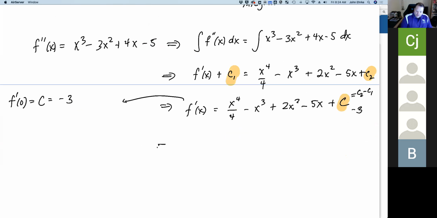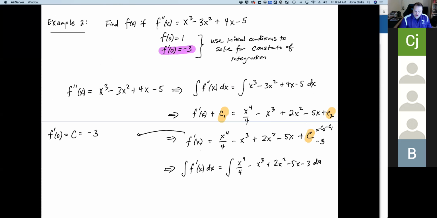So now I'm going to take the antiderivative of both sides. Again, I've got the antiderivative of f prime equals the antiderivative of all of this. And I fully acknowledge that if you feel like you're pretty good at this and you really understand what's going on, you don't have to put all these steps in.